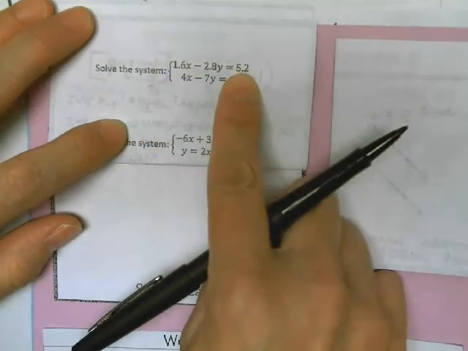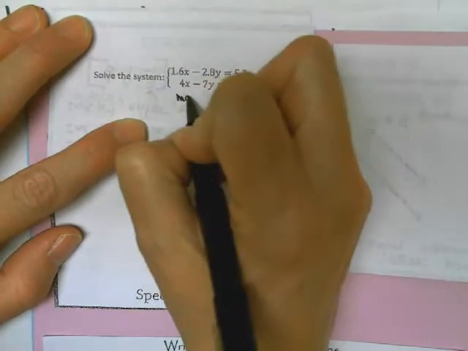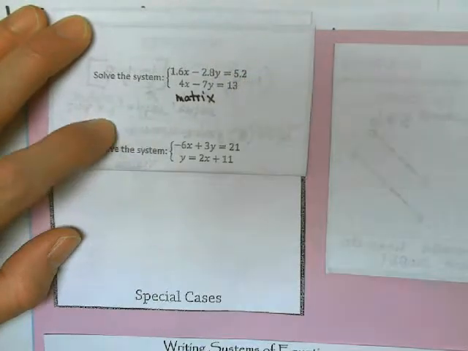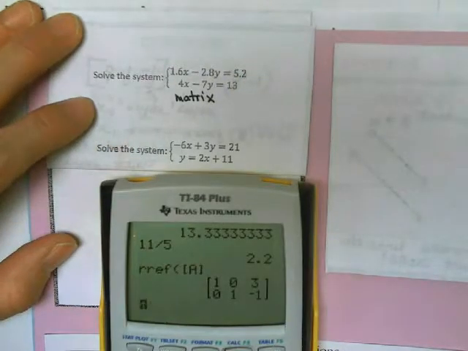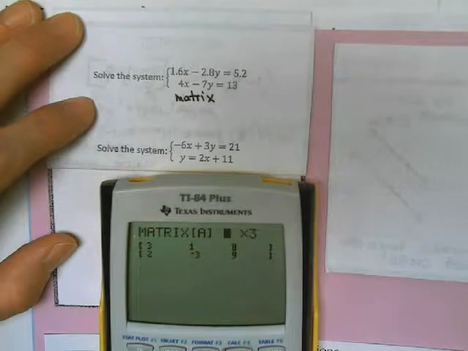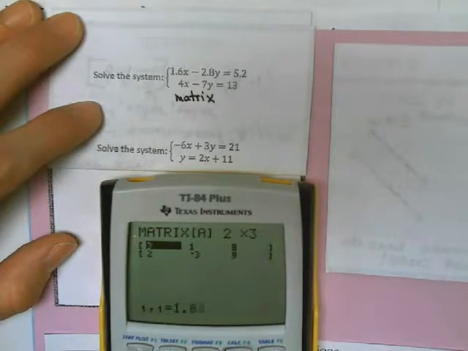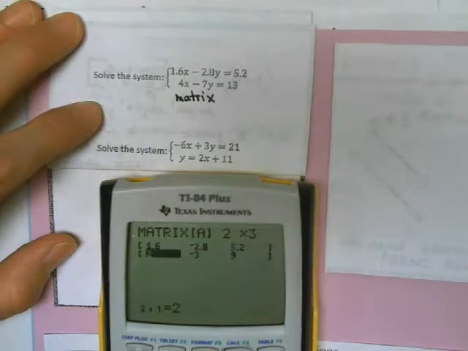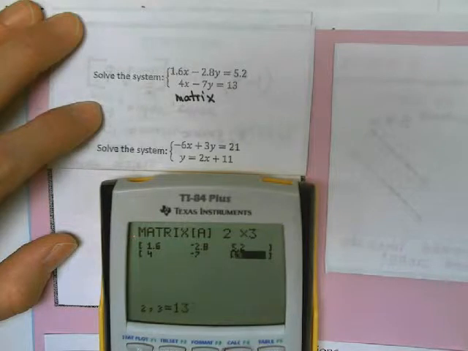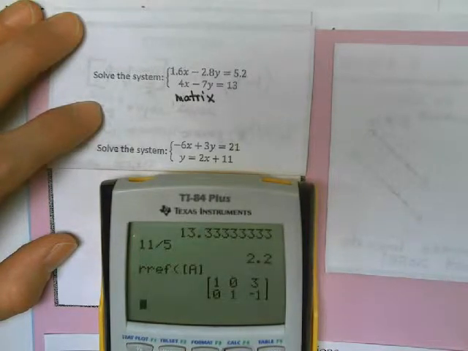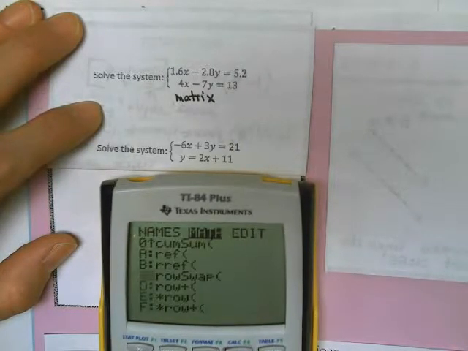So if I'm going to do this top one right here, I would put this in your matrix. So second x to the negative 1, edit, it's a 2 by 3, so I'm going to enter my new numbers. And then second x to the negative 1, RREF.